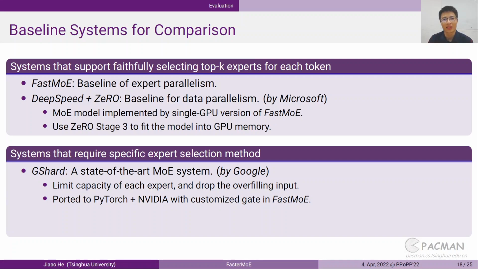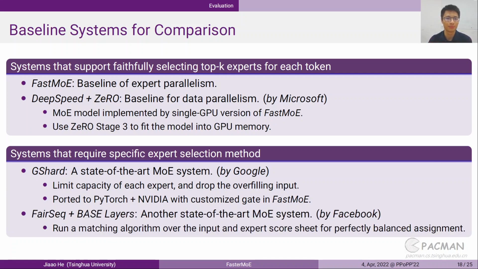Luckily, in FastMoE, it is implemented as a customized gate, so we use that one in our experiments. Another baseline is BASE layers from Facebook. It runs a matching algorithm over the match score matrix of input and experts. It seeks a perfectly balanced assignment with that algorithm.